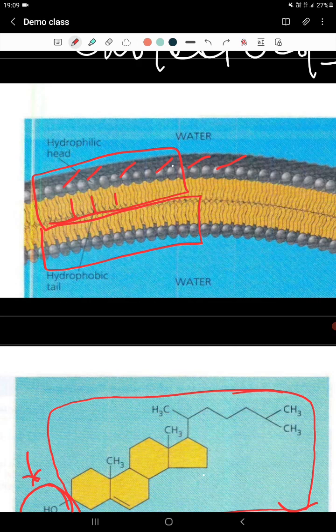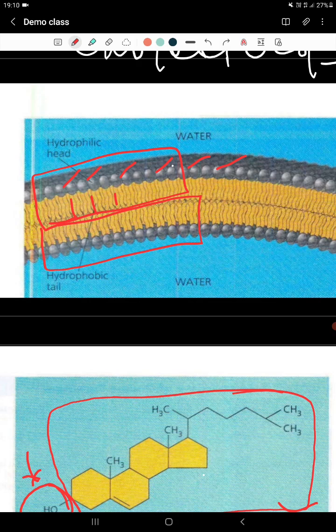Now, if you consider the cell, it is almost 70 to 80% water. Without water you cannot imagine a living cell. At the same time, the boundary of the cell has both kinds of properties, hydrophobic and hydrophilic. So it is a challenge for the membrane to interact with the aqueous medium as well as hide its hydrophobic parts.